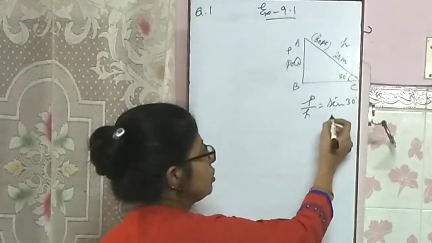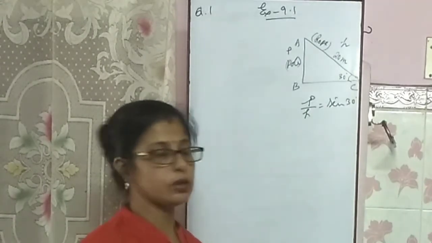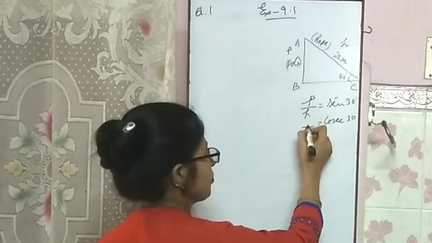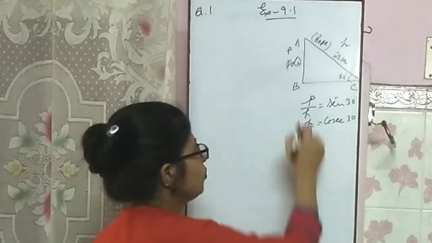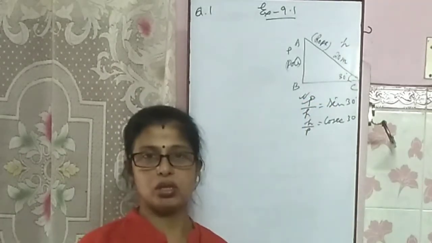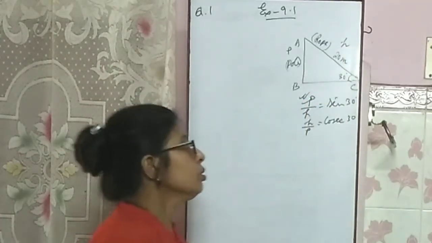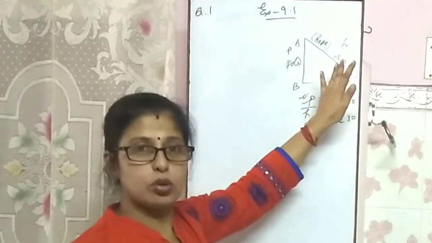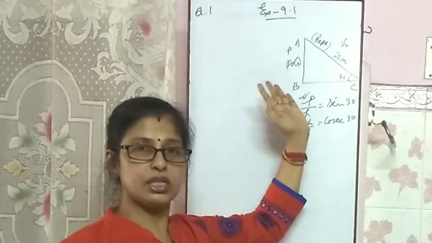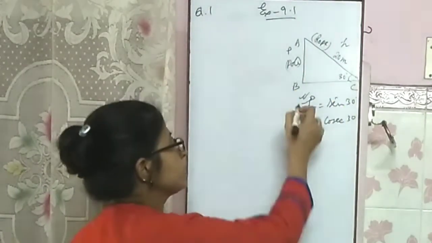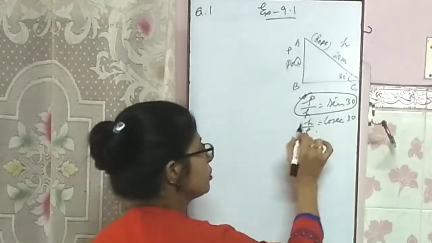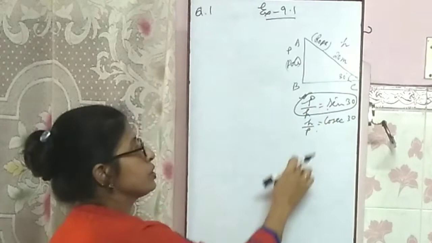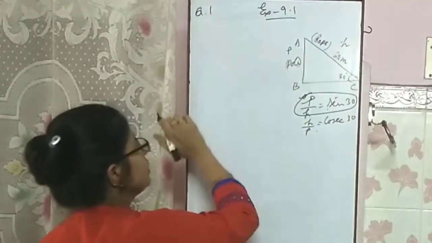Since sine is the reciprocal of cosec, you can use the cosec formula also for finding the same, H by P. But generally we use sine or cos. So the quantities in the question and what you need to find must have a relation. So we have seen that this is a relation. Either you can take this or that. So I'll take this one. So here is a relation, and using that we can get the height of the pole.